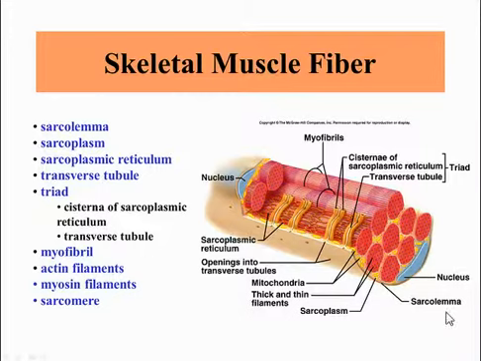Myofibril. A myofibril is a bundle of fibers, thin and thick fibers, called actin and myosin. So this bundle right here is called a myofibril. Okay, here's another one and another one.